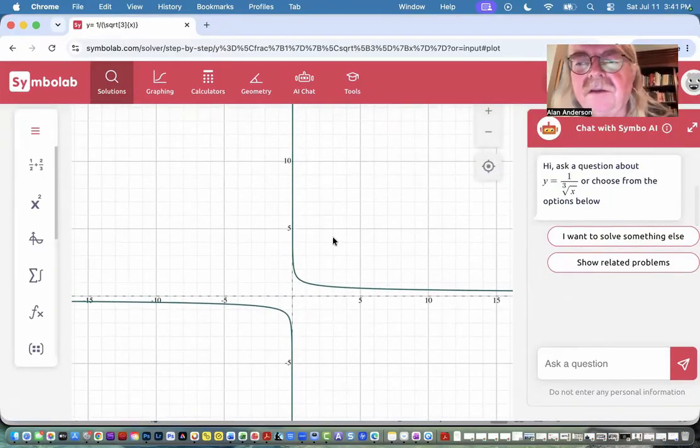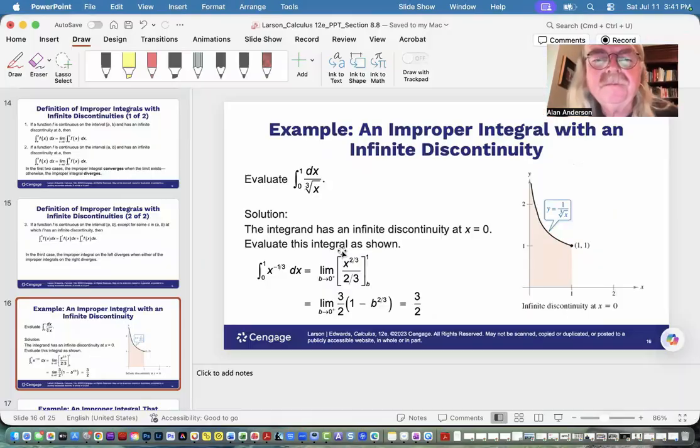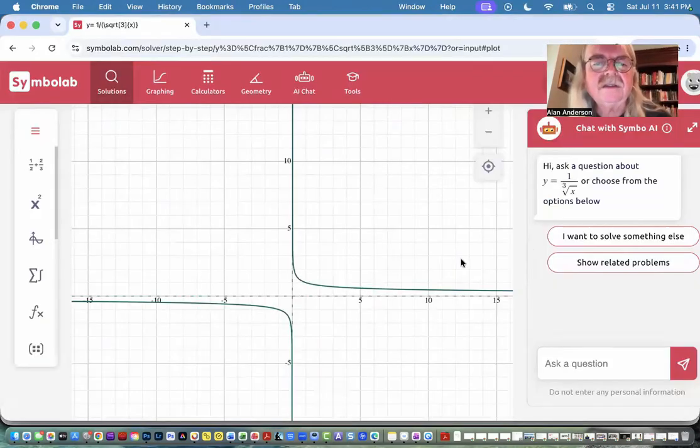There's an asymptote there where x equals zero. So there's a vertical asymptote. I mean, the function has a discontinuity there. So that would be the lower limit.